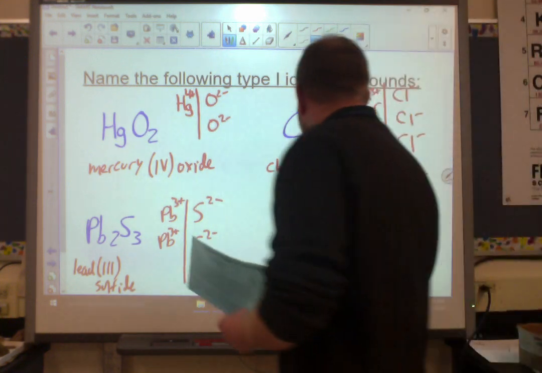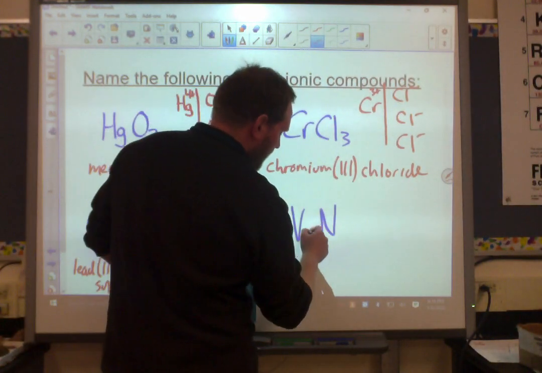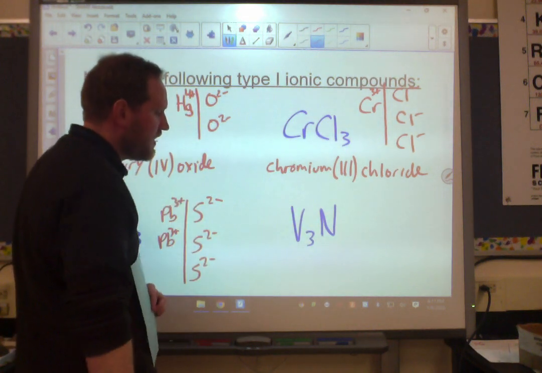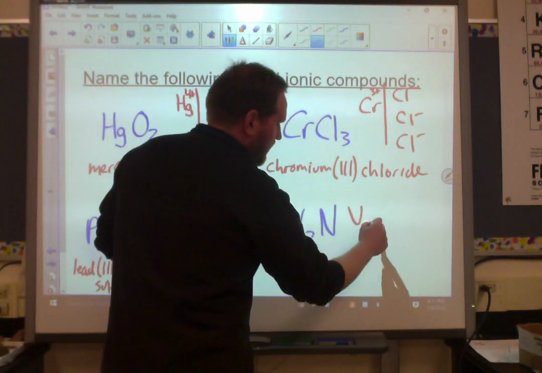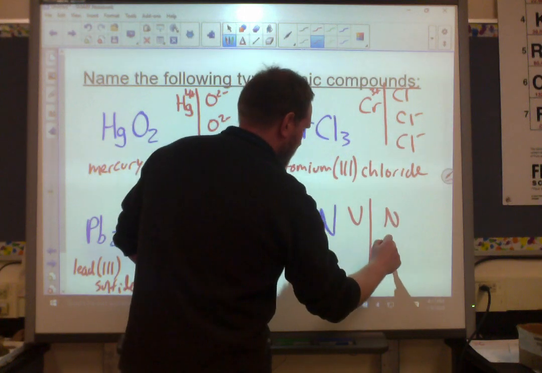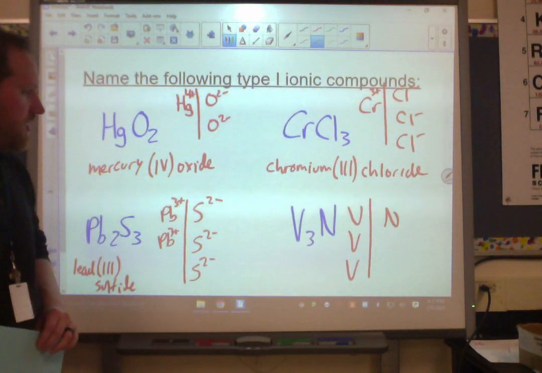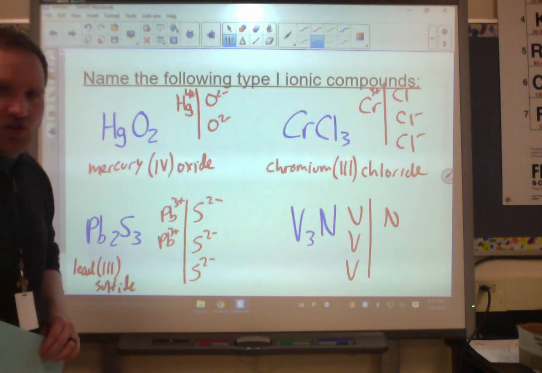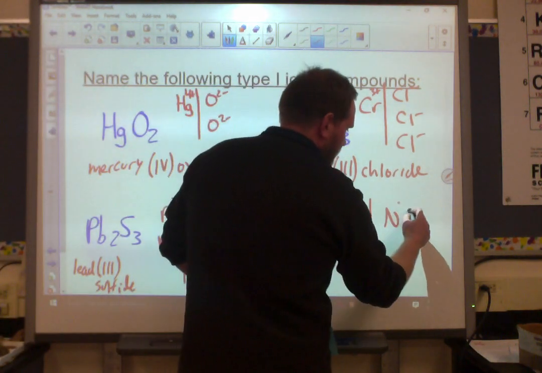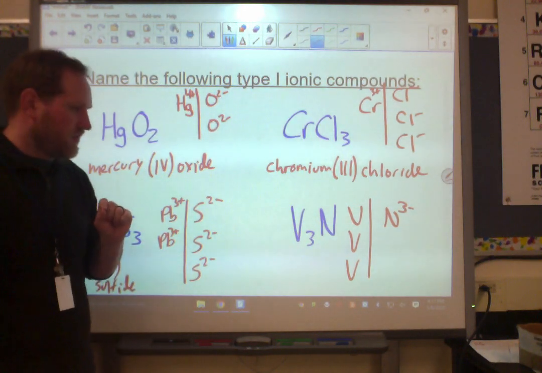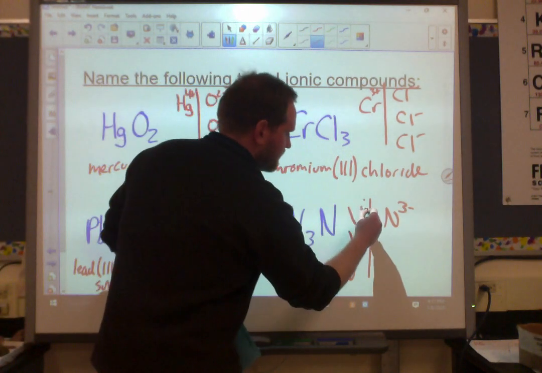All right, last one. V is vanadium with 3 vanadiums and 1 nitrogen. So I have vanadium on the positive side, 3 vanadiums, and 1 nitrogen on the negative side. All right, well, I don't know vanadium's charge, but I do know nitrogen. It's 3 minus. So what must each of those V's be? Well, they must be 1 plus.